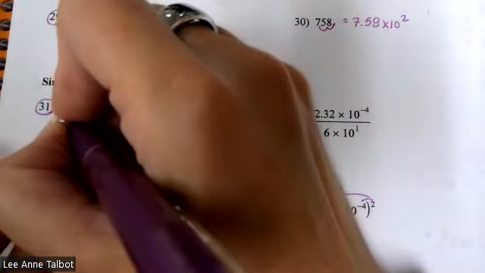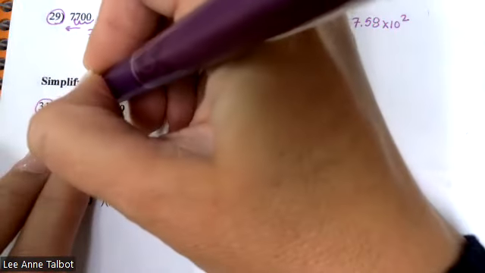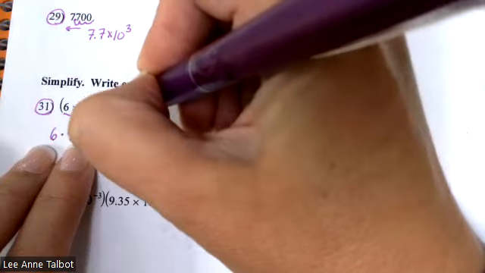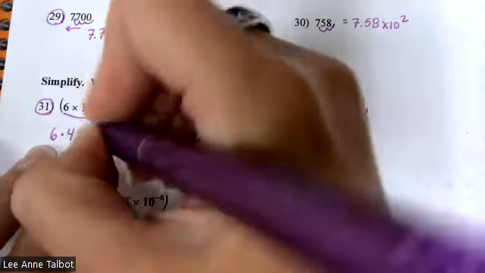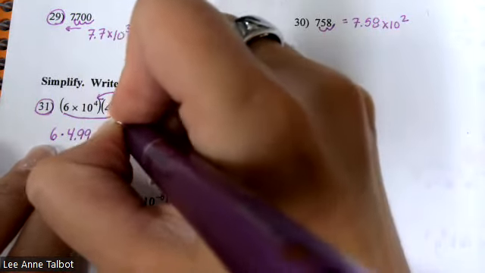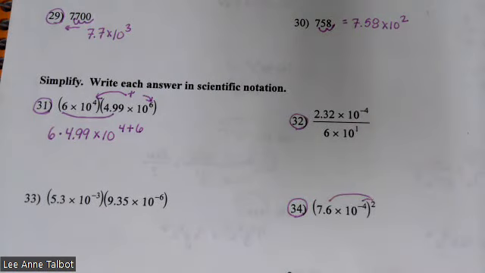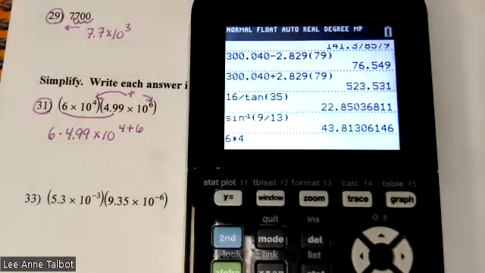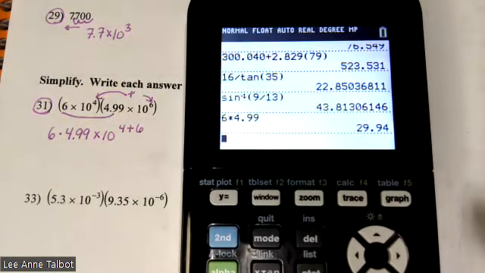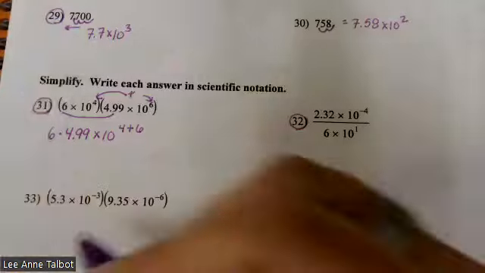So you multiply the numbers in front and then you add the exponents, times 10 to the 4 plus 6. Multiply the numbers in front, add the exponents. You need a calculator for this. 6 times 4.99, 29.94.